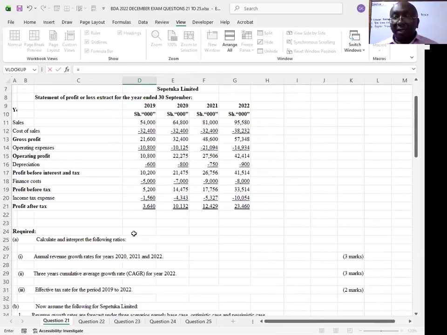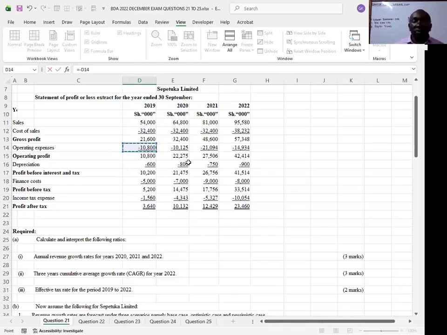Now, what you can see here, when we come to the operating expenses, they are already negative. So we will have to start by typing negative so that it converts this into positive. So now you click this operating expense for 2019.